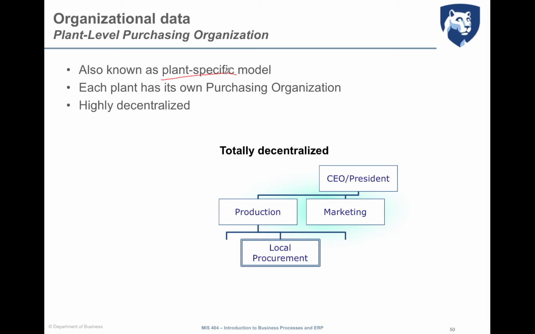As in the case of the cross-plant model, the purchasing organization in this case is assigned to both the plant and the company code. It is very similar to the totally decentralized model we already discussed, where there is no central spending and all the spending is managed by local offices reporting to the different business units and the different production plants.